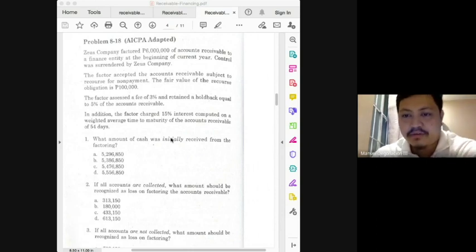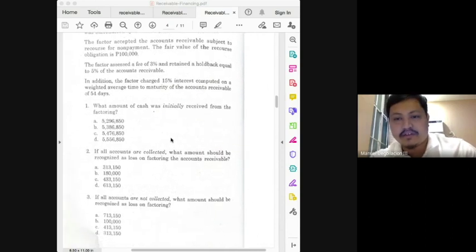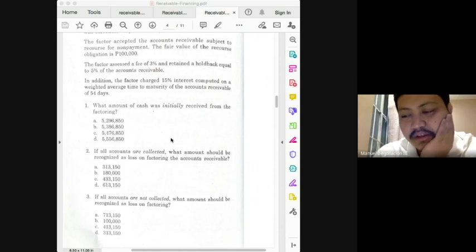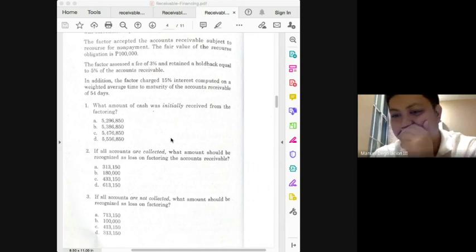If all accounts are collected, what amount should be recognized as loss on factoring? The first component would be the factor's fee of 3%, 6 million times 3%. That would give us 180,000. And then next will be the interest charge. I forgot how much the interest charge was.